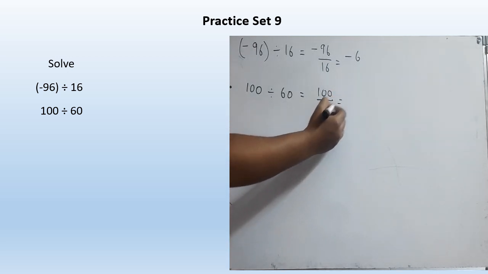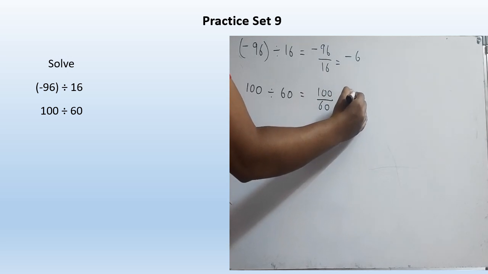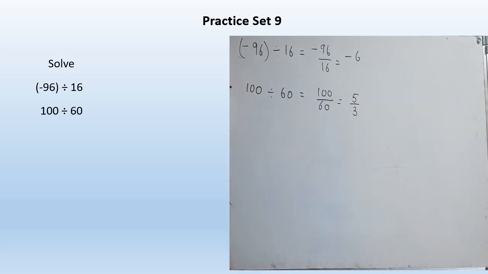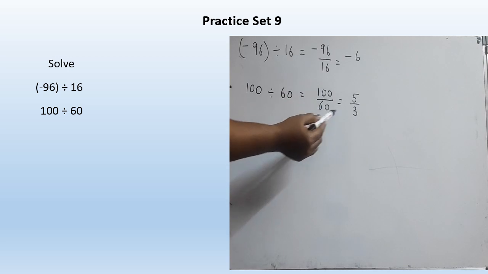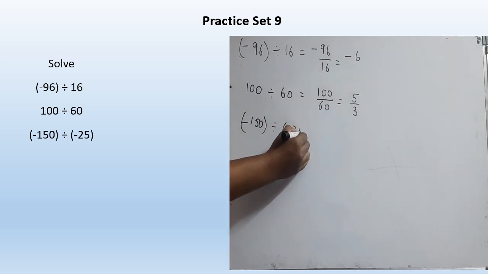The answer is going to be 5 upon 3. Positive upon positive, the answer is positive. Okay, last, minus 150 divided by minus 25.